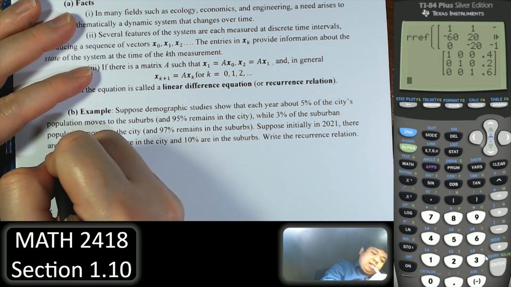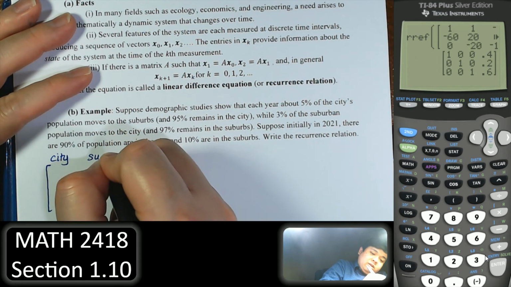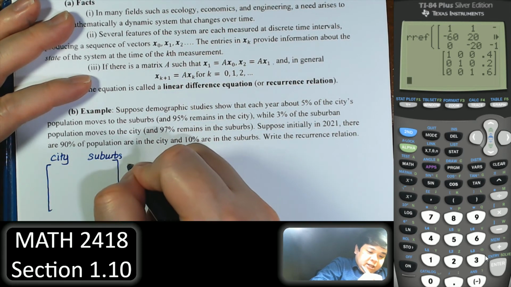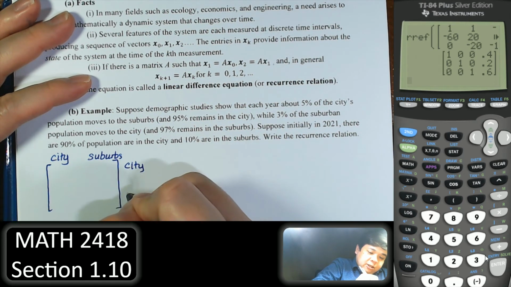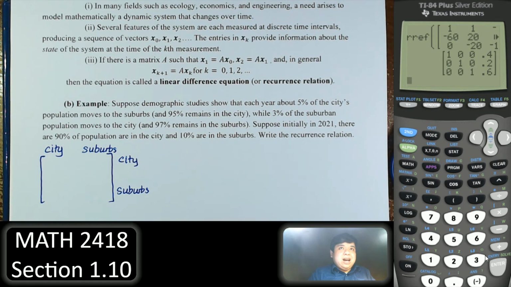Let's say there's a city and then the suburbs, and then city. It says that 5% of the city will move to the suburbs, and then 95% will remain.